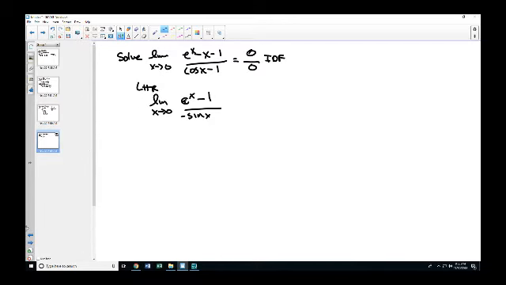Somebody. Hopefully somebody I can see. Solve that. What's sine of 0? It's 0. Negative sine of 0 is 0.